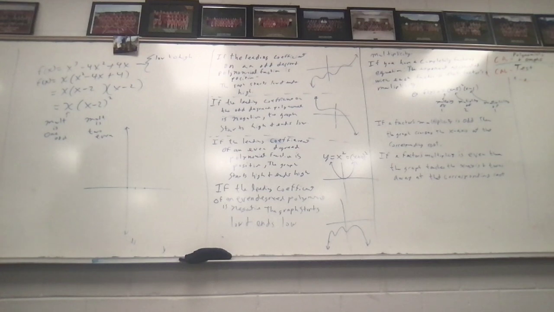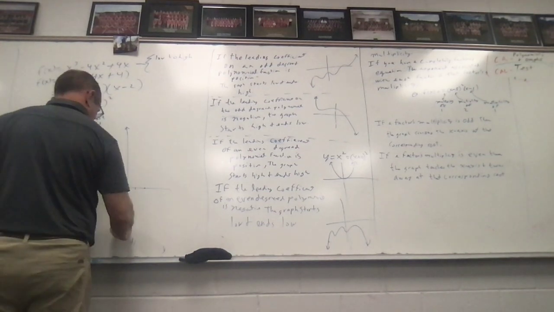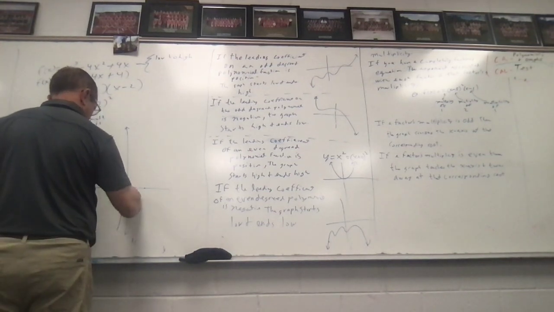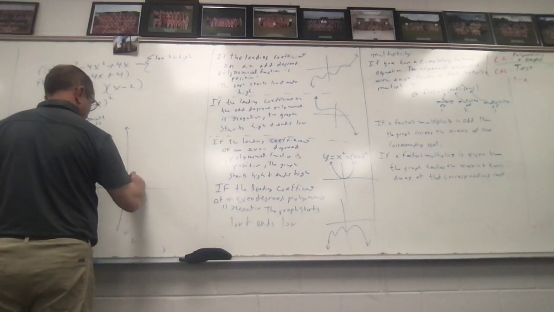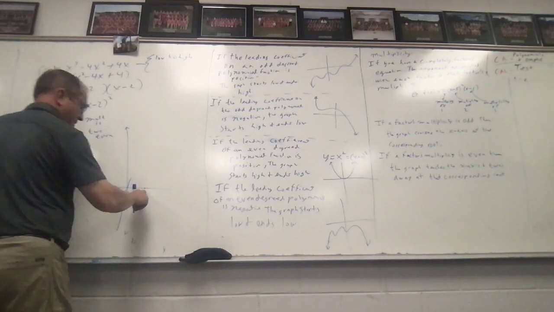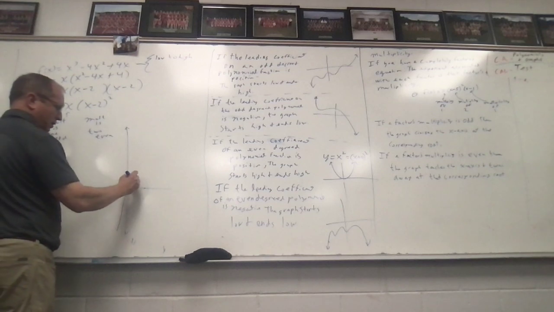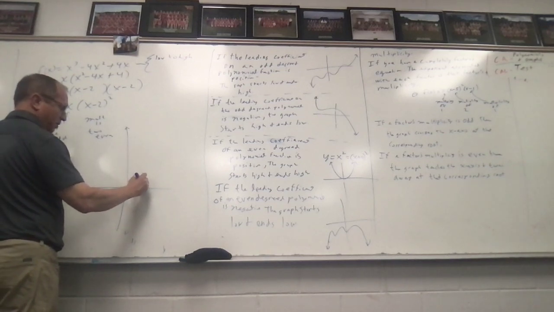Yes, we're going to cross the x-axis at that point. So we start here, we cross the x-axis. All right, now, we got to get back to here. So we're going to turn to here, but what happens at 2?